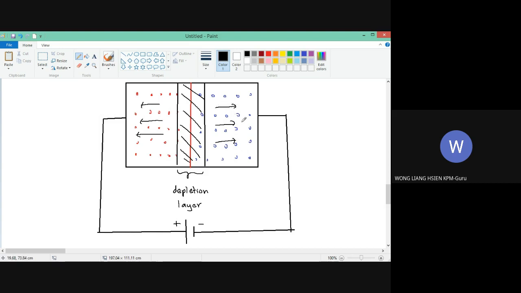But what actually happens is the negative repels the electron, so the electron goes inside here and fills in the hole. Because of that, it is like the hole is moving away from the junction. So over here the electron moves away from the junction, and here the hole moves away from the junction. So the depletion layer expands. The depletion layer becomes wider.